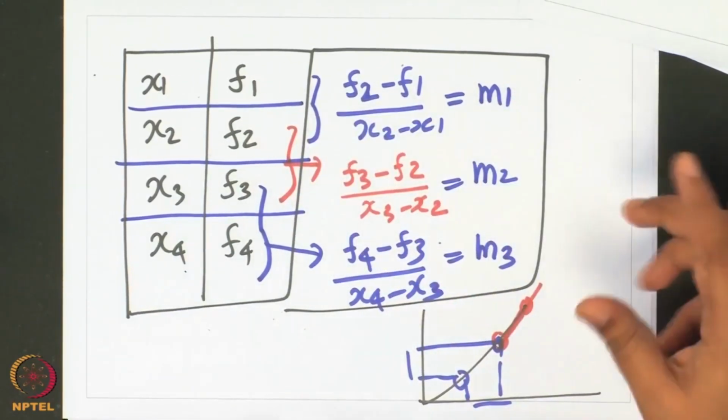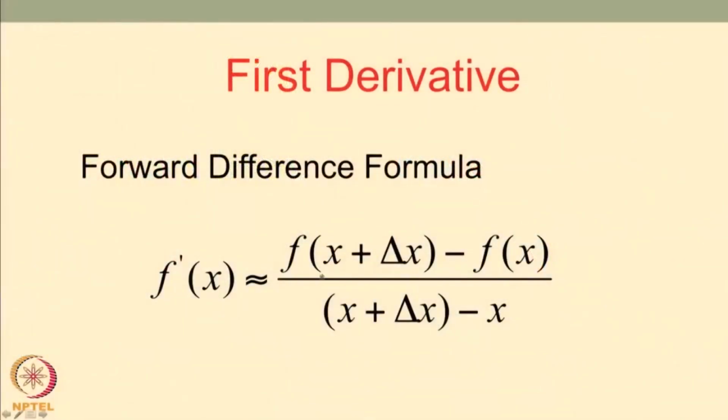As we know, the first derivative is basically the difference. The standard formula of the first derivative is also called the forward difference formula. If you know the function at x plus delta x and the function at x, then f of x plus delta x minus f of x divided by x plus delta x minus x is f prime of x.